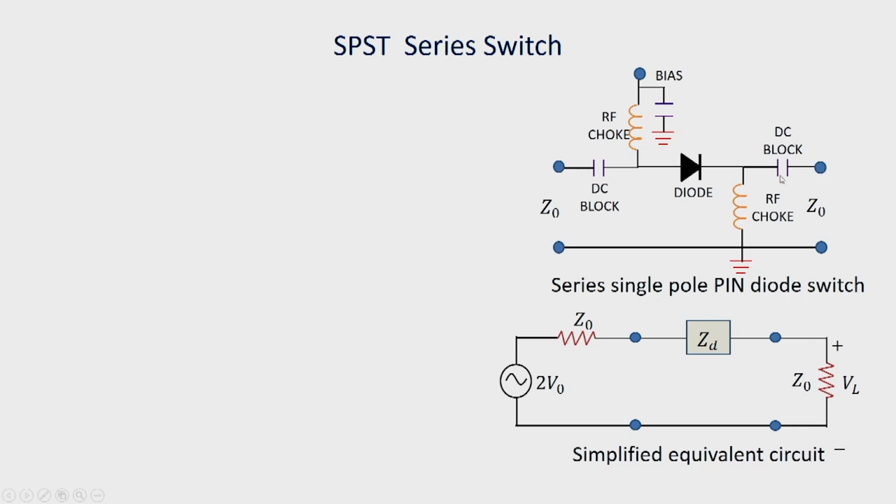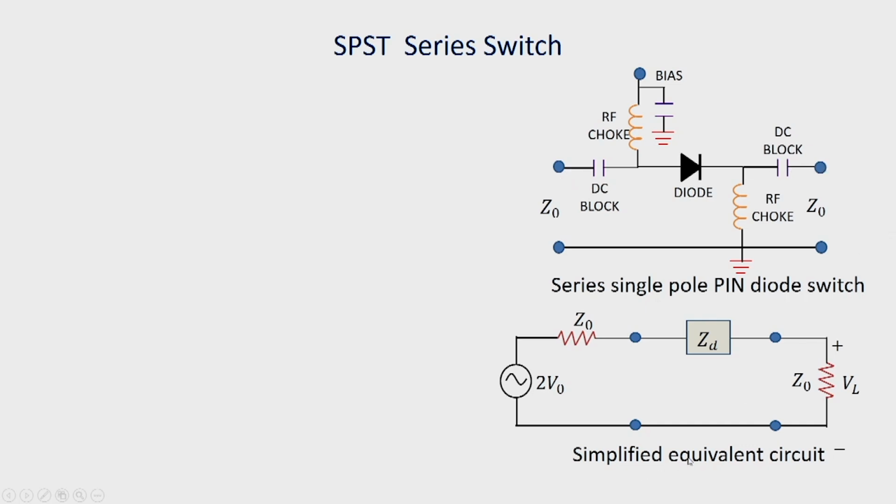So, we have DC blocks. Similarly, the N side of the diode is grounded through another RF choke. So, this will prevent the signal from going to ground, rather when this switch is on or the diode is in a low impedance state, signal will flow from the source towards the load.